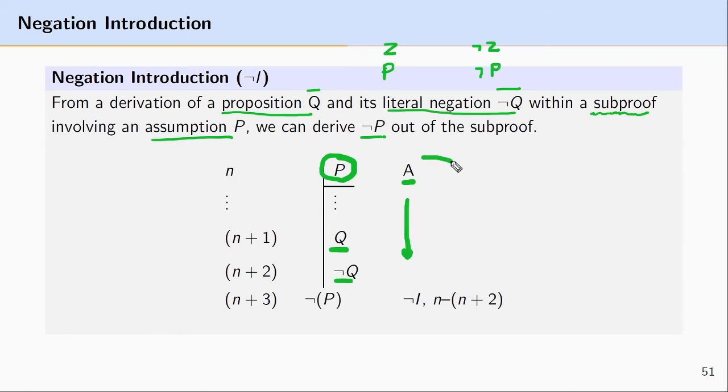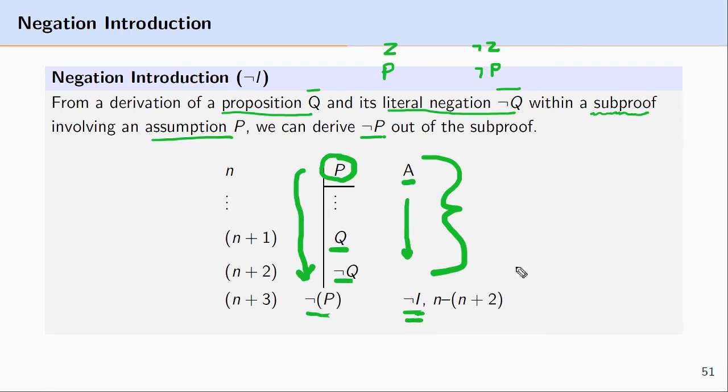And then from this entire subproof, we can reason to the negation of the original assumption. So we assumed P and then we're able to derive not P. You'll notice that this is an introduction rule, and the type of formula that we're introducing into the proof is a negated formula. So that's why it's called negation introduction.